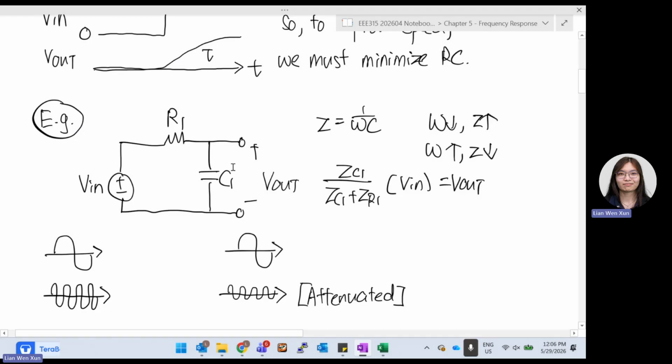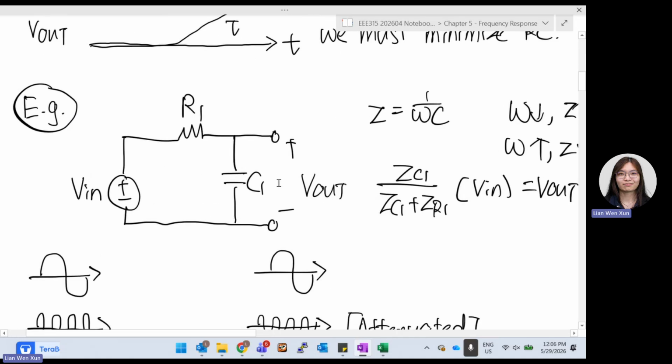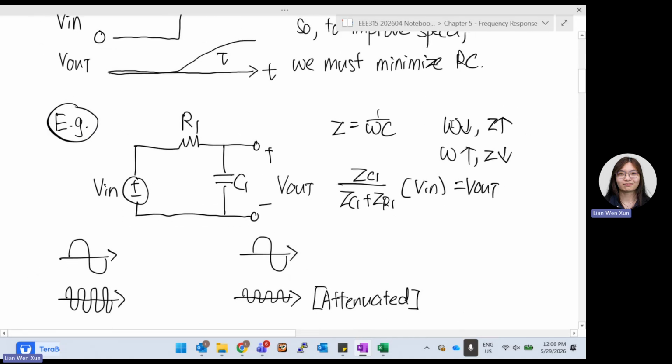Let's see slowly what happens at very low frequency, so omega is very, very low. If the bottom part is low, your overall ZC increases, meaning it actually blocks a lot, and your Vout is actually very big at low frequency.